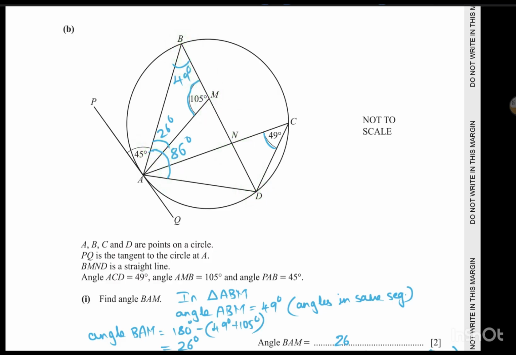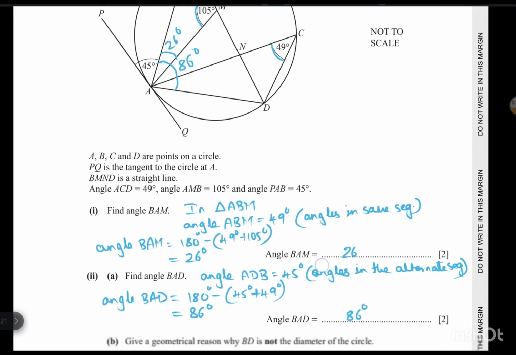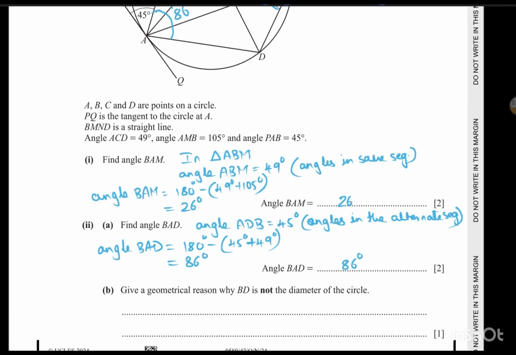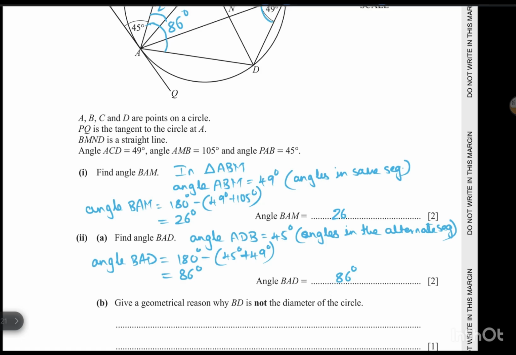Angle in a semicircle is always 90 degrees, but we got 86 degrees. So that means it is not the diameter. Angle in a semicircle is 90 degrees. That is the reason. That's it.